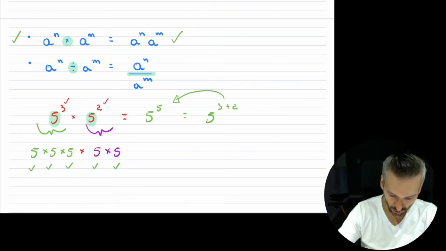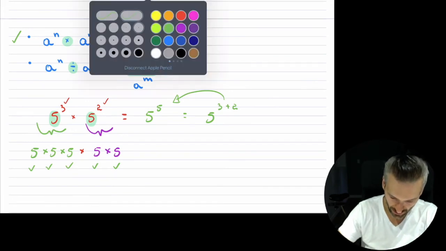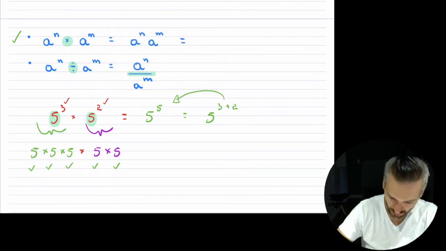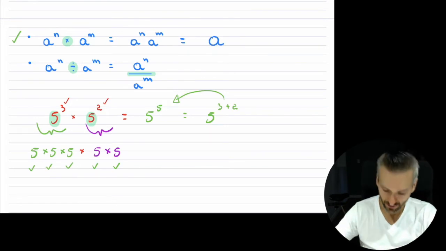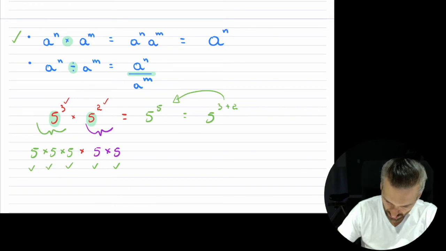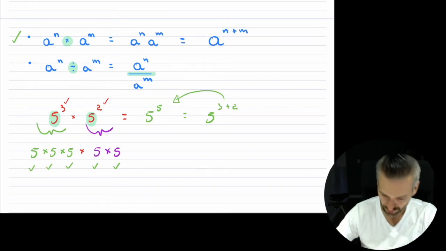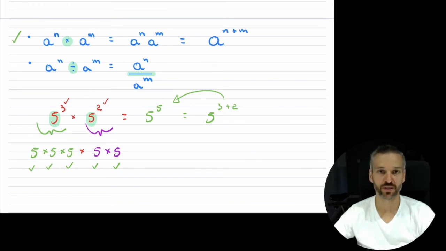So your rule is, when you have the same base, with some number, then all it is is simply adding up your exponents. Now your exponents can be both positive or negative, all right?